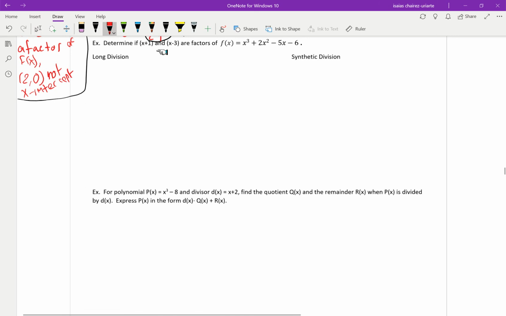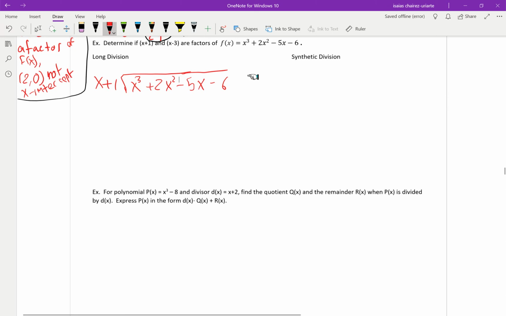So x plus 1 divides x to the third plus 2x to the second minus 5x minus 6. Let's see if x plus 1 is a factor of this polynomial. Let me go ahead and do this long division.